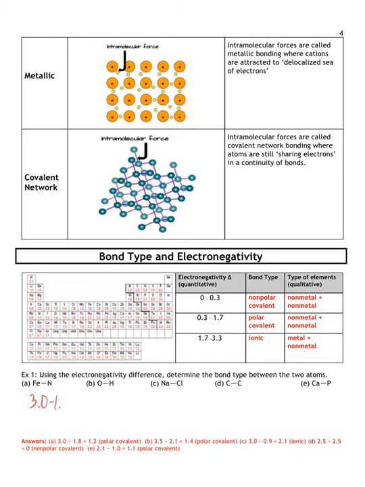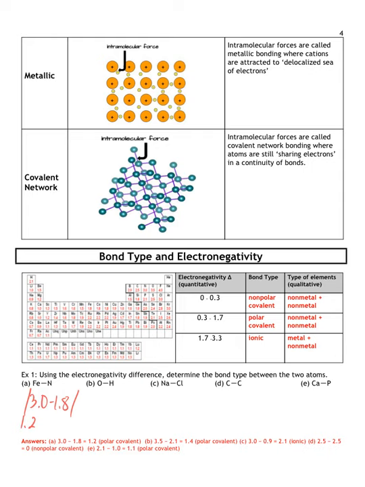So please make sure you're looking at absolute values. That's your absolute value sign. And so the answer is 1.2. Now, if the difference is 1.2, we know the bond type is a polar covalent bond.